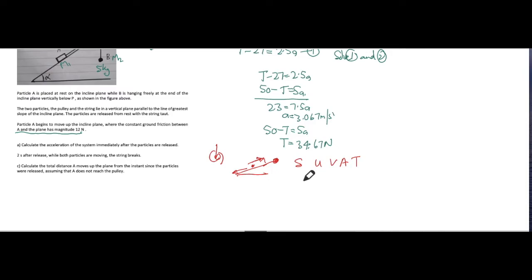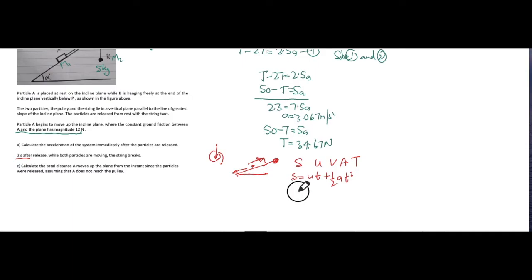The distance traveled initially will be s equals ut plus half at squared. They have given us 2 seconds after the release, so let's find the distance traveled up to 2 seconds.